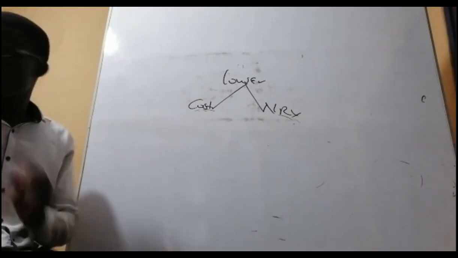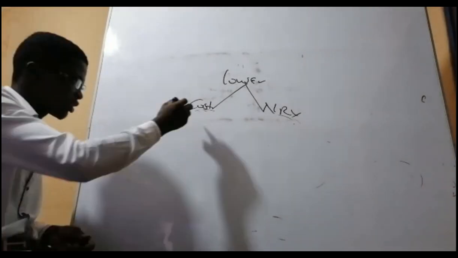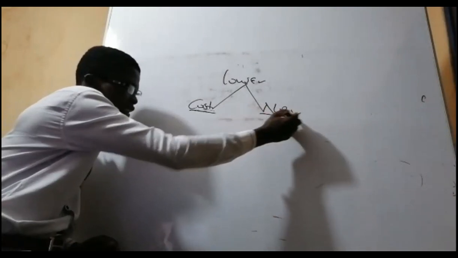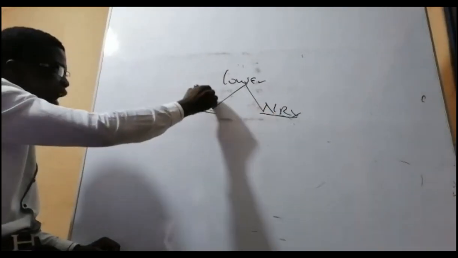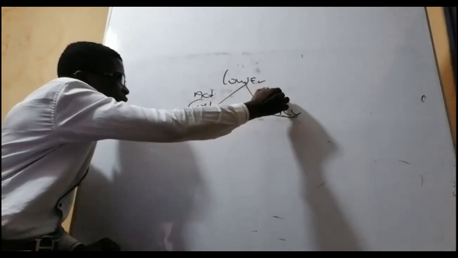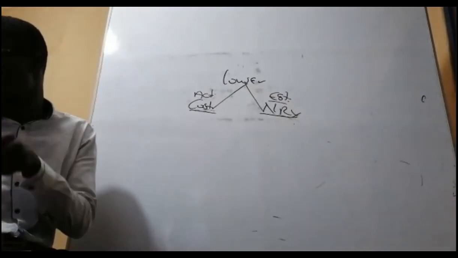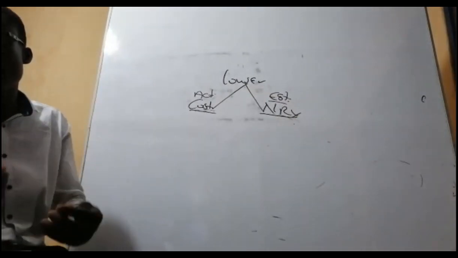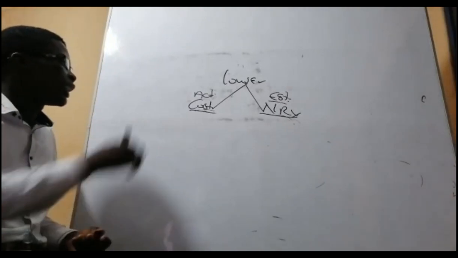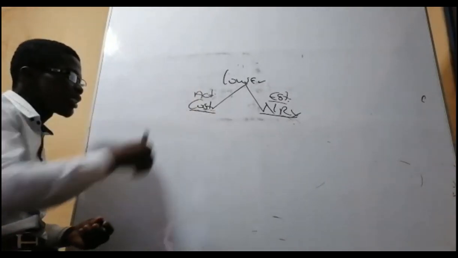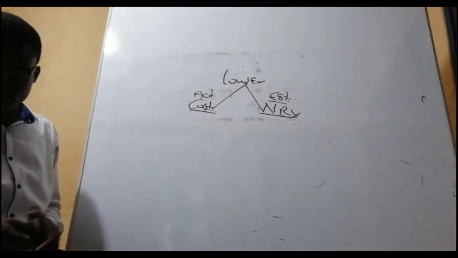Pick the cost, pick the NRV. Don't forget that this one is actual, and this one is an estimate, not the actual. If they should sell the goods today, how much are they going to derive from it? This is the cost they've incurred to date. That is it. Now let's go to the question, and then we are done.